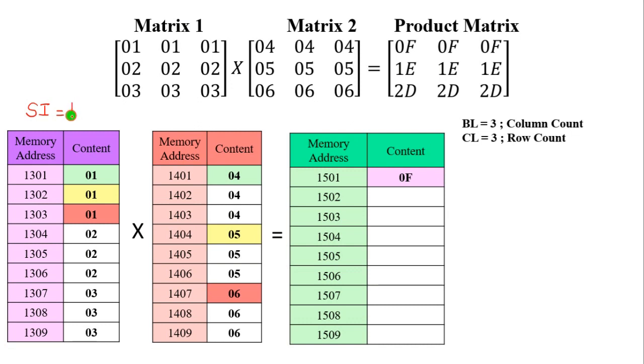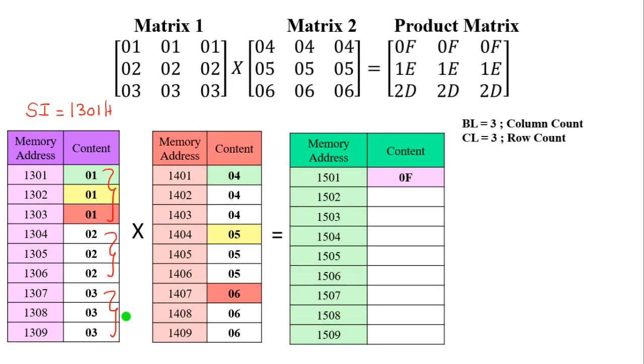That value becomes 1301H. In this memory location, we are going to load the matrix values. 1301 contains the value 01. This is the first row, this is the second row, and this is the third row of the first matrix.